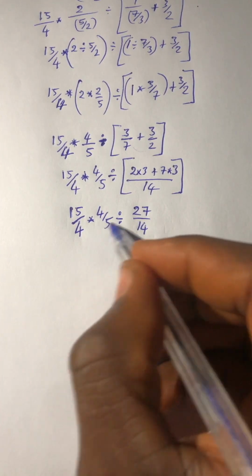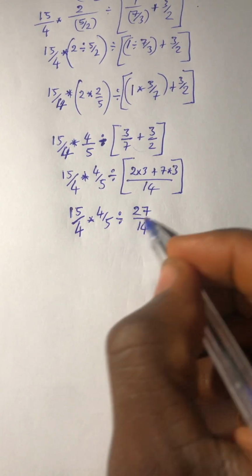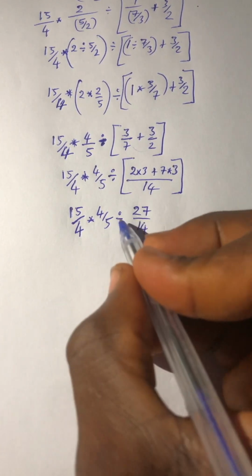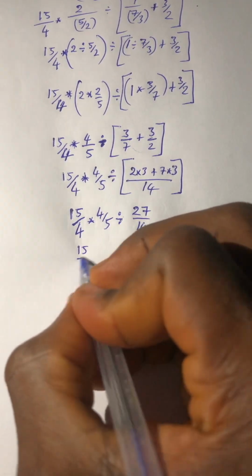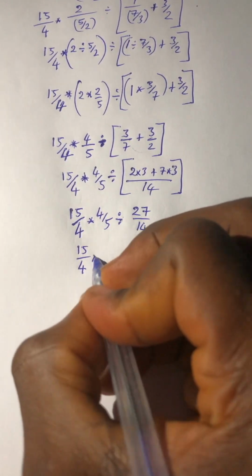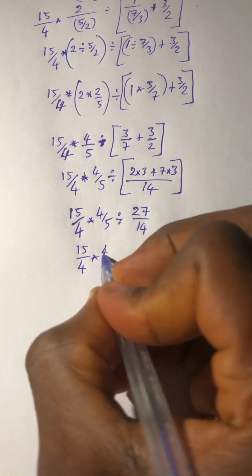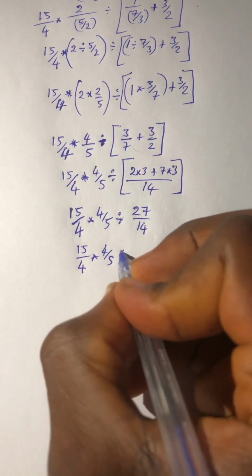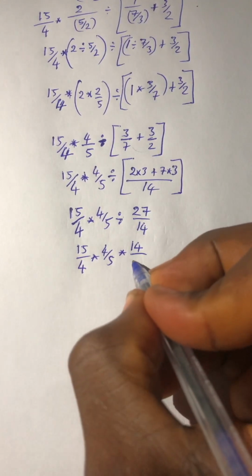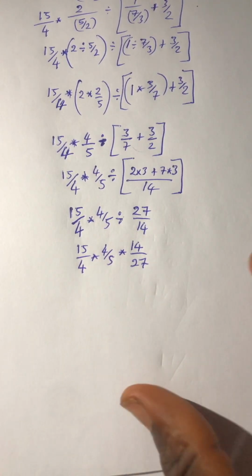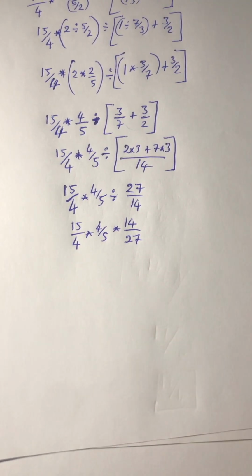So here we can flip this. We can flip this by multiplying here, and here will be 15 over 4 times 4 over 5 times 14 over 27.